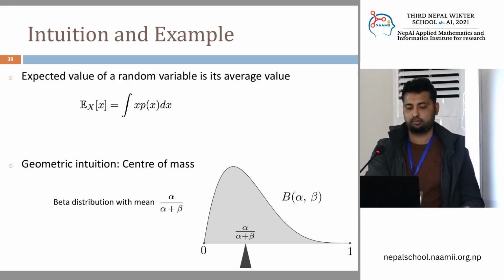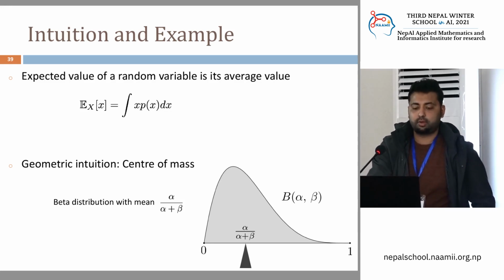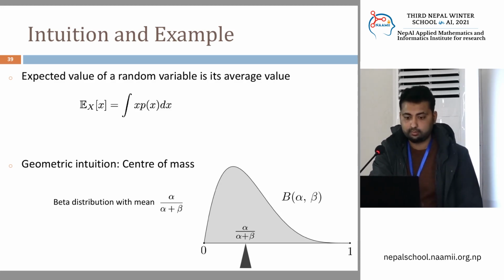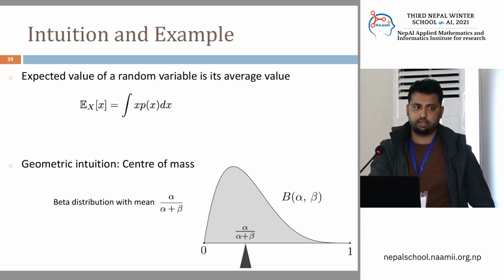So try to note the difference. If it is a continuous random variable, you are talking about this integral. If it is a discrete random variable, you are talking about a summation. To find the mean of a discrete random variable, you just replace g of x with x, and then you get x times p of x, summed over x.